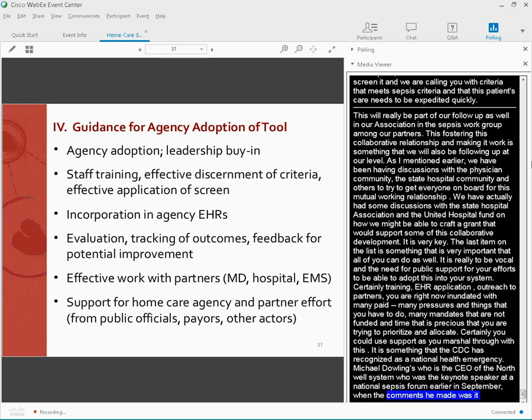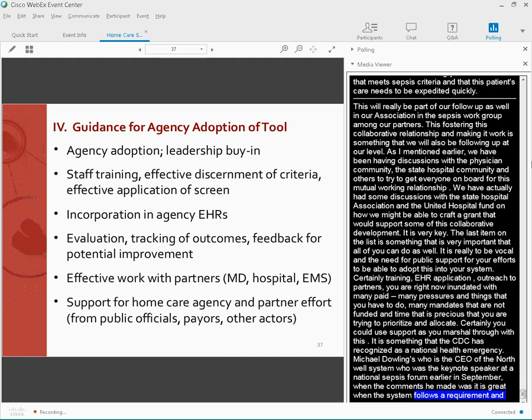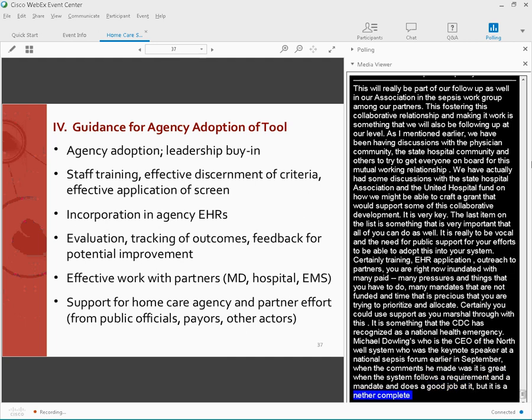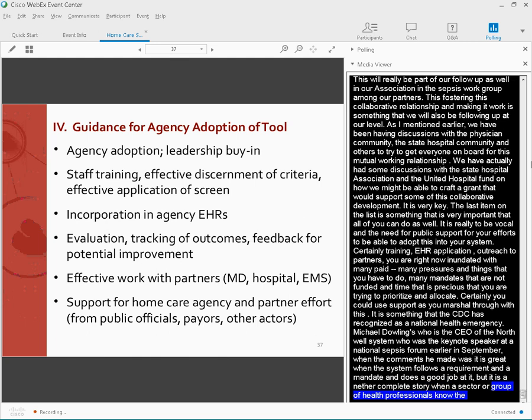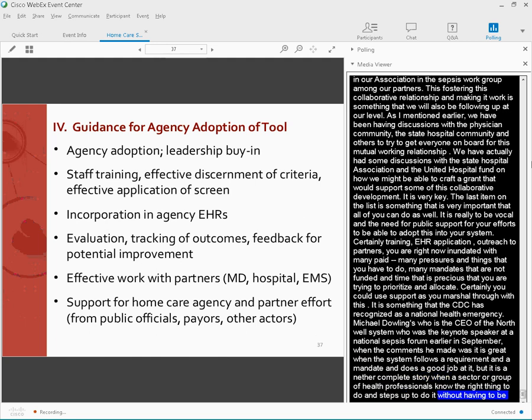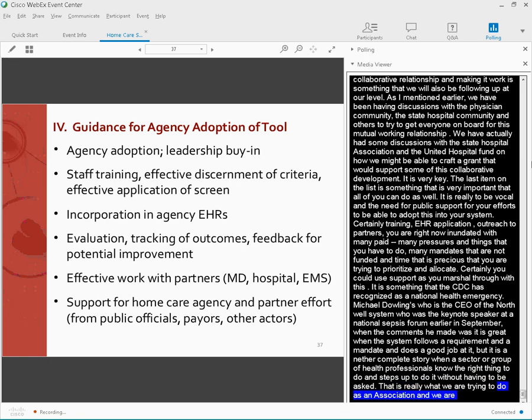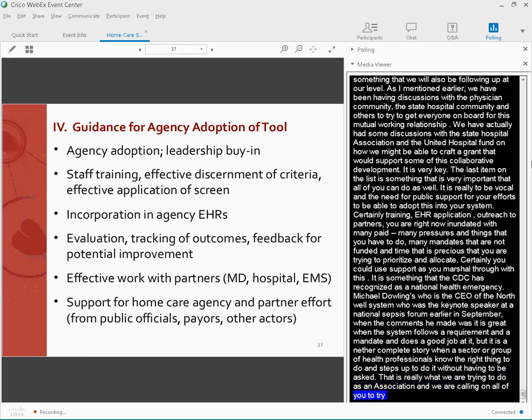But it's another complete story when a sector or a group of health professionals knows what is the right thing to do and steps up to do it without having to be asked. And that's really what we're trying to do as an association and what we're calling all of you to do. To the extent that you step into this very important public health response, it merits the support of our public officials.